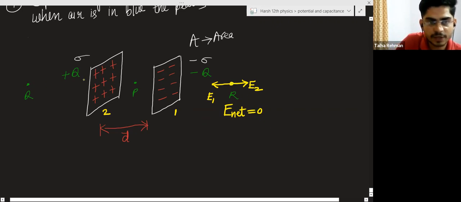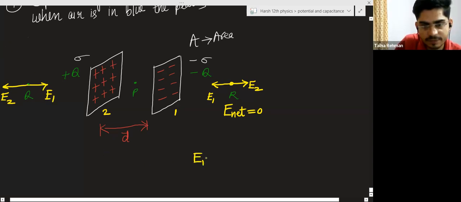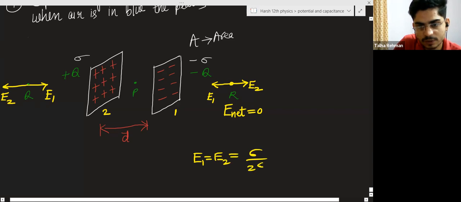Now calculate here. Due to this plate, the direction of electric field E2 is like this. And due to this plate, the direction of electric field will be like this. We know that E1 is equal to E2 in magnitude, which is sigma by 2 epsilon naught.